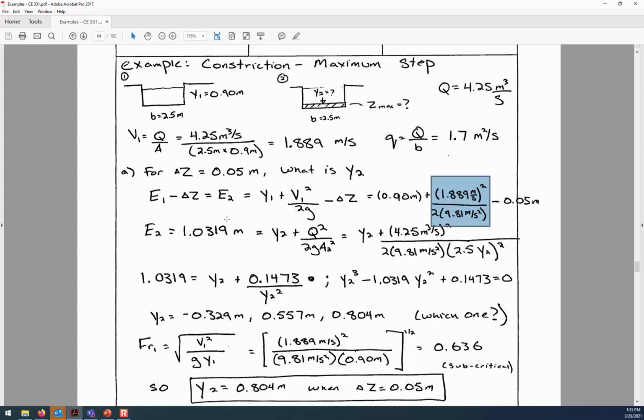So if we do the calculations, it means that at location 2, there's going to be 1.0319 meters of energy available.